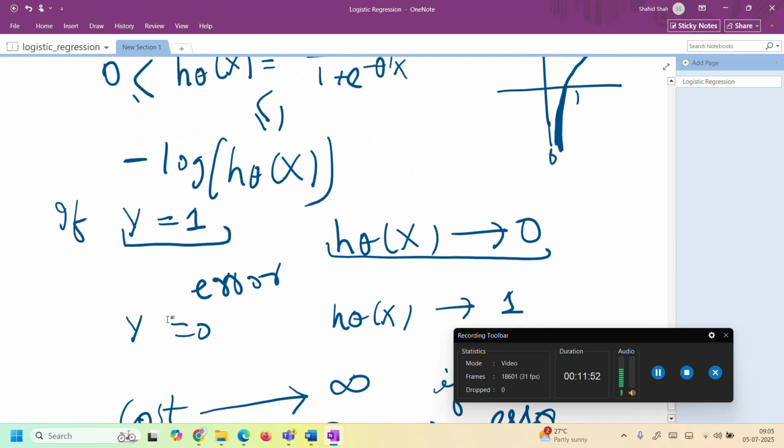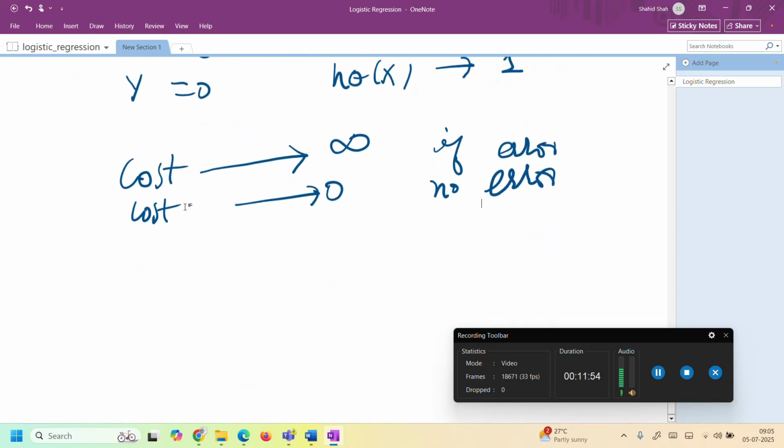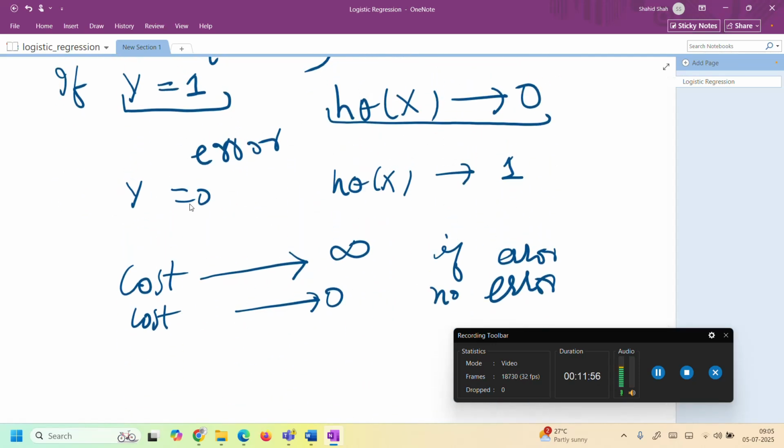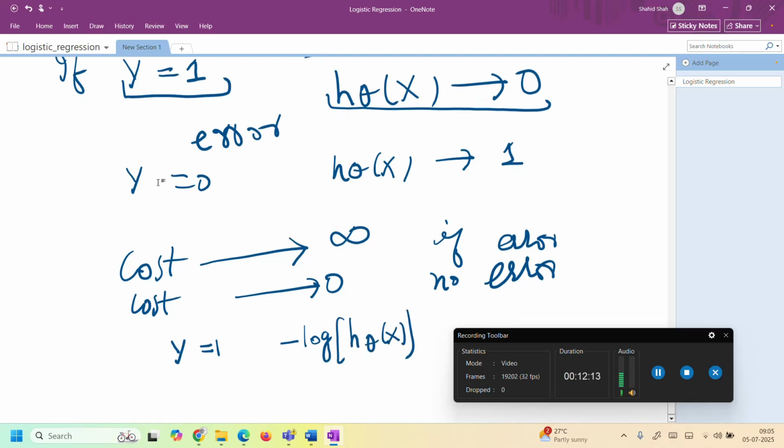Now let's look at how we can incorporate log in this. Suppose y is equal to 1, and I want to define a cost function. So if I define a cost function like minus log of h theta of x, look at this.